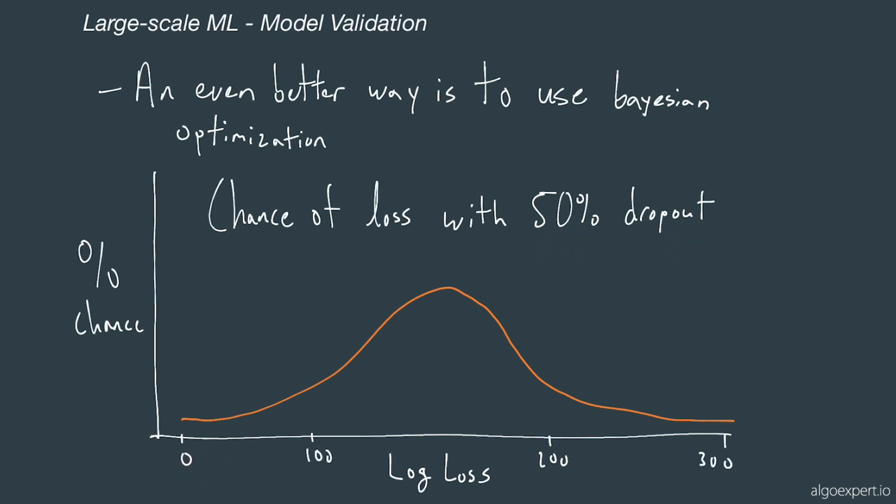We're also assuming there's a 0% chance, or roughly zero, of a 300 loss given the same 50% dropout. And in general, our prior is saying that it's most likely that we'll get a 150 loss with our 50% dropout.